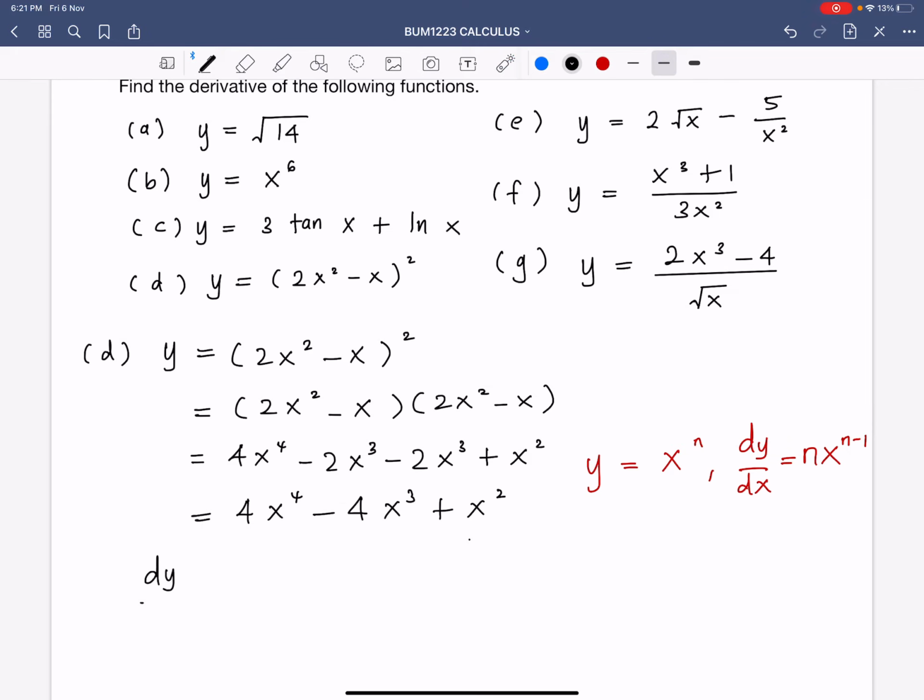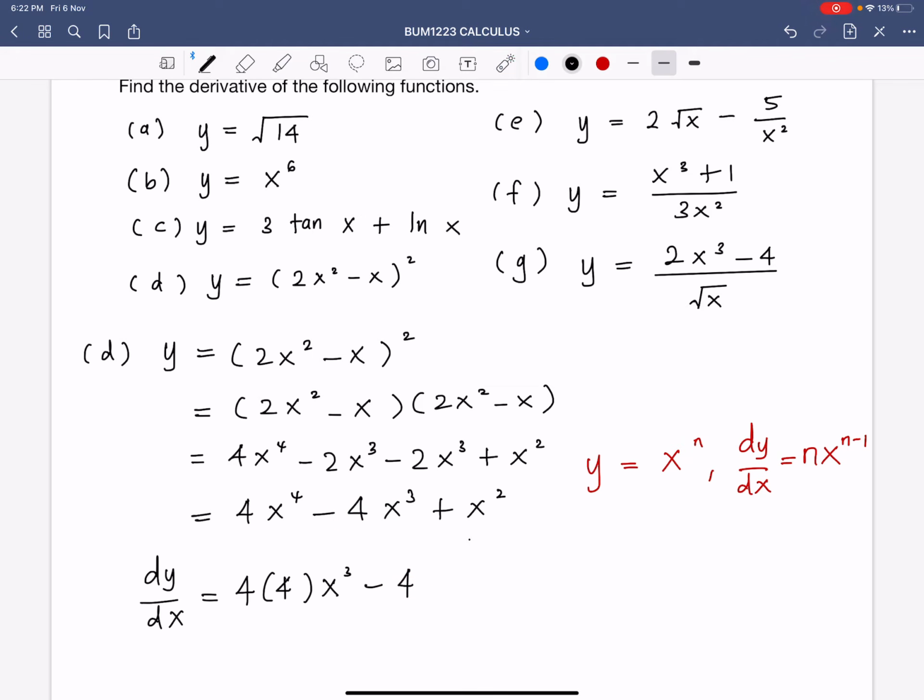So dy/dx is equal to, here you have the constant 4, just remain it there. And then since this is x power of 4, in the form of x power of n, where n is equal to 4, we substitute 4. So 4 times x power of 4 minus 1, which is 3. And then minus 4, this 4 remains.